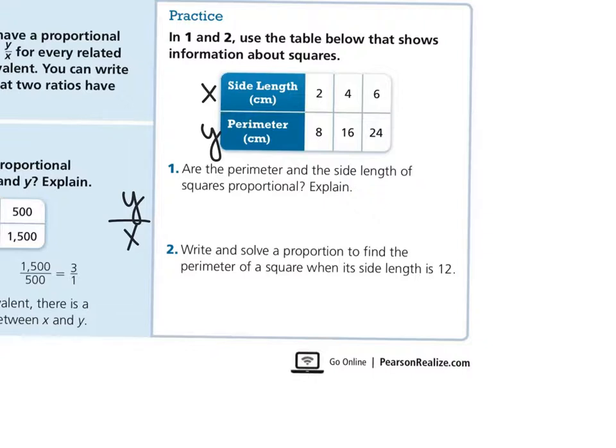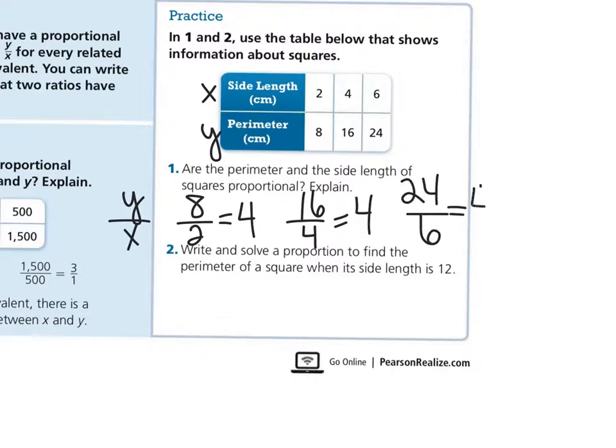So, for example, 8 over 2, we do 8 divided by 2, which would be 4. 16 divided by 4, that would be 4 as well. And then 24 divided by 6 would be 4. So, are they proportional?